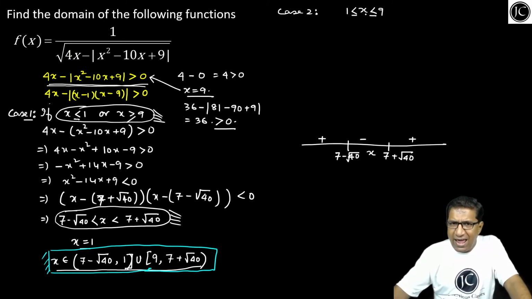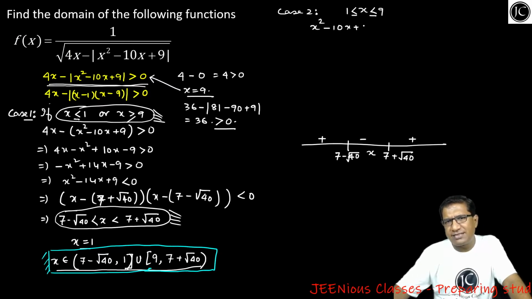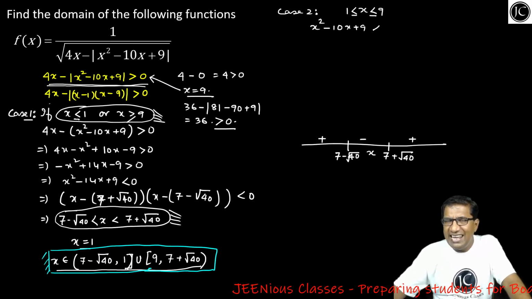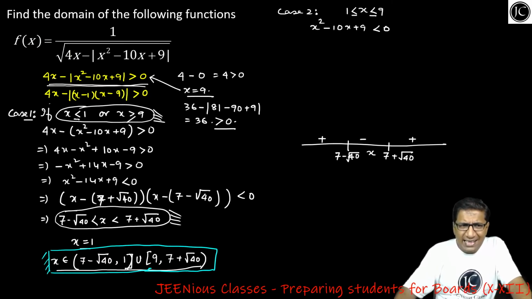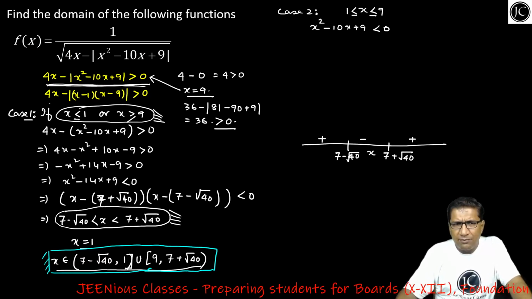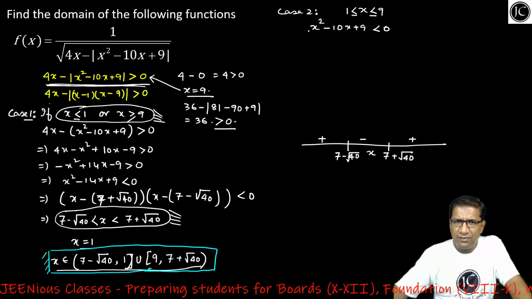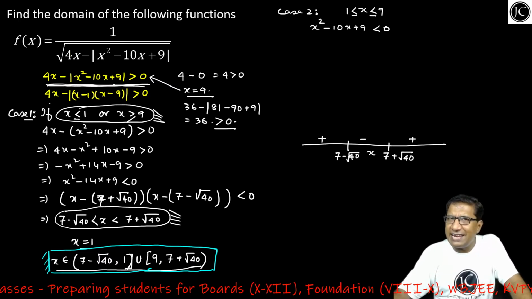Okay, now if x is lying between 1 and 9, so we are having x square minus 10x plus 9. This expression is less than 0, and as in this given inequation, there is a mod sign in x square minus 10x plus 9.